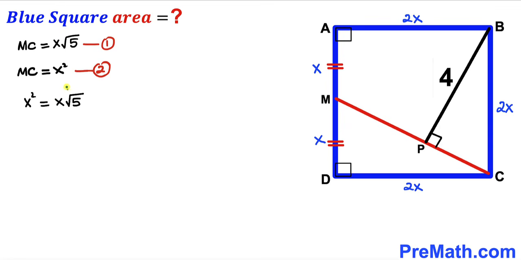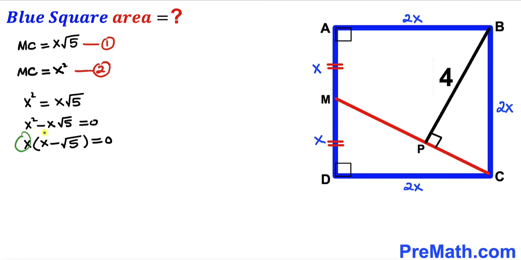Now we are going to move the terms to the other side. So we get x squared minus x times the square root of 5 equals 0. Here we can see x is common, so I can bring that outside. We get x times (x minus the square root of 5) equals 0.